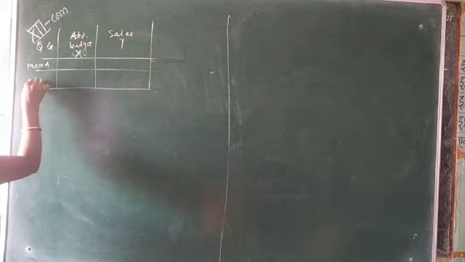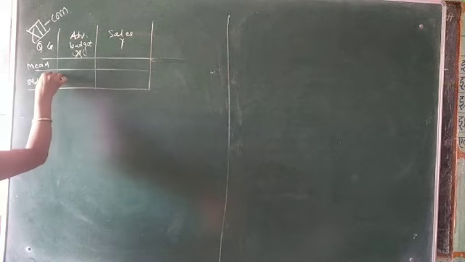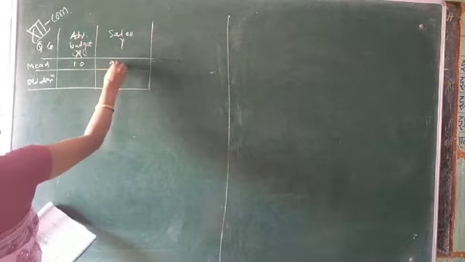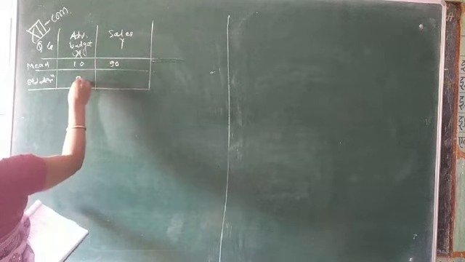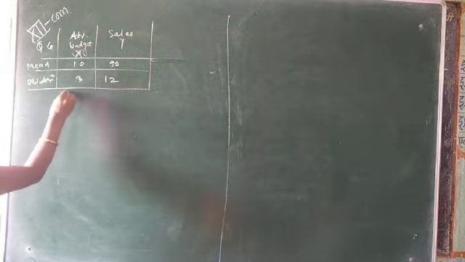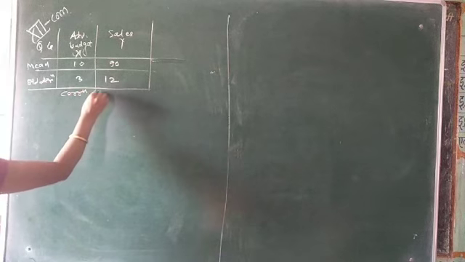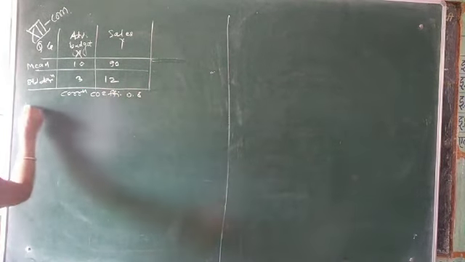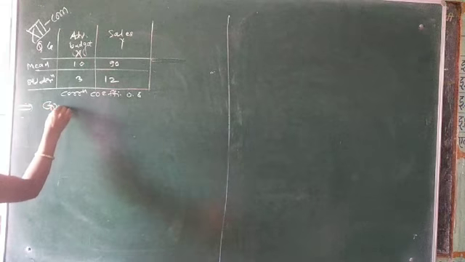Mean and the standard deviations, that is 10, 90 and 3, 12. So right here, solution. Also we have been given the correlation coefficient 0.8. What is given?